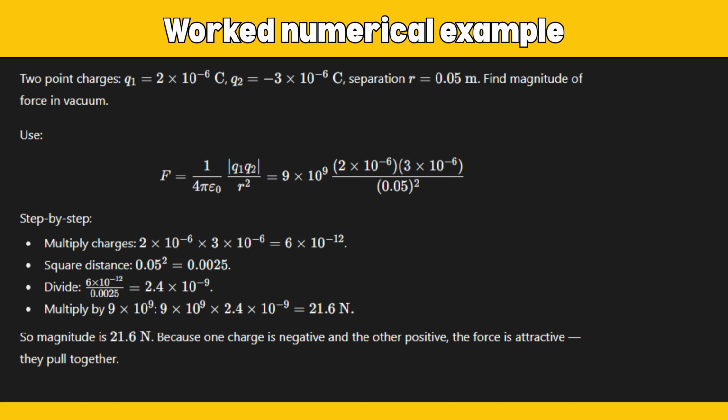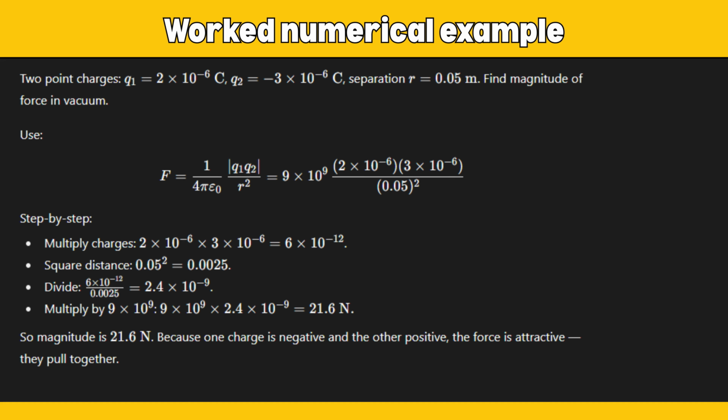2 times 10 to the power minus 6 times 3 times 10 to the power minus 6 equals 6 times 10 to the power minus 12. Now square the distance. 0.05 squared equals 0.0025.